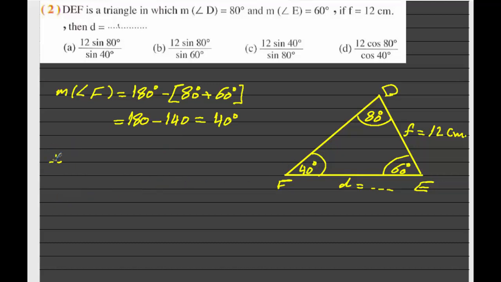So applying the sine rule, we can say 12 over sine 40 equals d over sine 80.